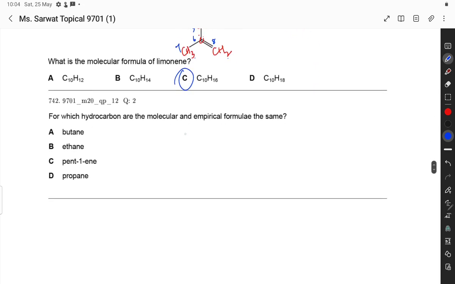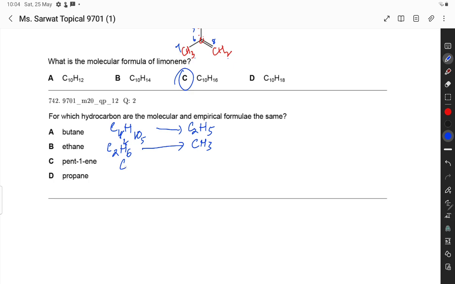For which hydrocarbon are the molecular and empirical formula the same? Butane: the molecular formula is C4H10, and the empirical formula is C2H5. Ethane is C2H6, and the empirical formula is CH3.